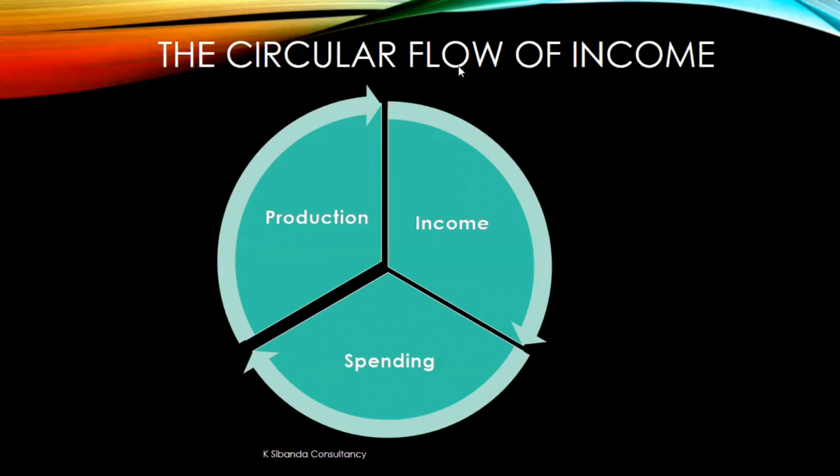So that gives us the three main flows of income in an economy. If you see a question that says the three main flows of income, then you must know it's production, income, and spending. And this circular flow just shows us how interlinked, how related they are.